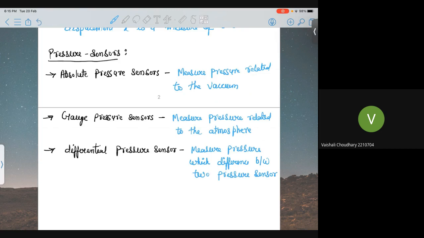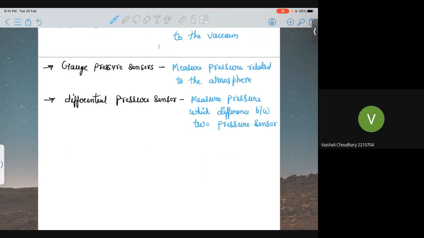Now we'll move on to a pressure formula.